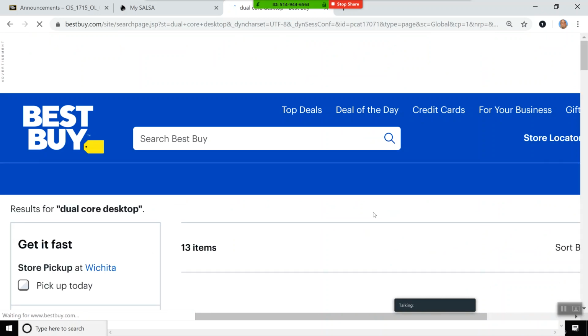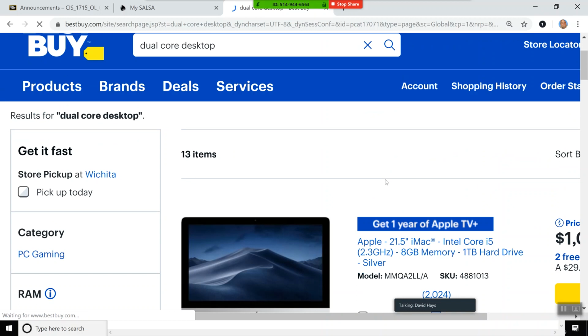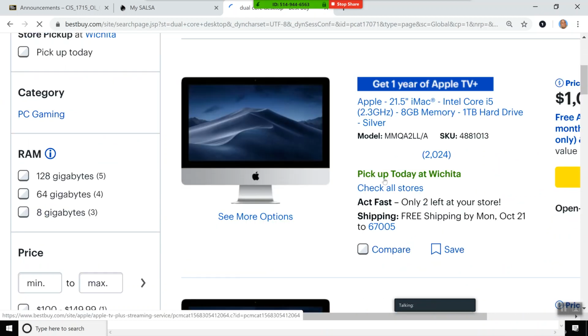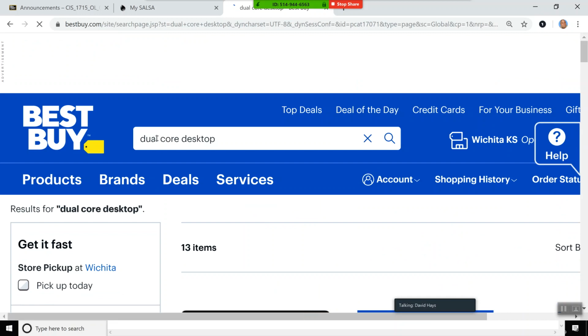So these are dual core. Are there 8 core ones out there? I thought they went in powers of 2, but they don't, huh?